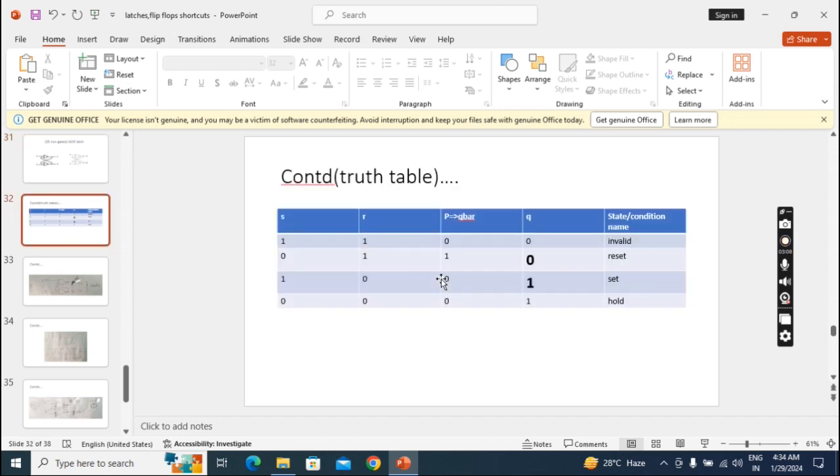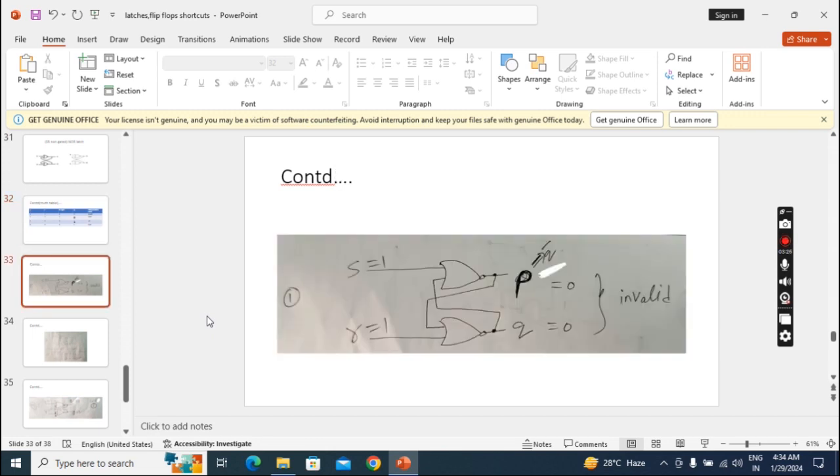Like that we can predict. And here you can see I have taken Q here, Q bar here. These are the state names. Now we'll see this operation step by step. So the initial inputs are both 1 1. The output is 0 0. This is invalid. As I told, now both outputs should be complementary. So you have to see this lecture after watching SR NAND, then only you can understand it properly.